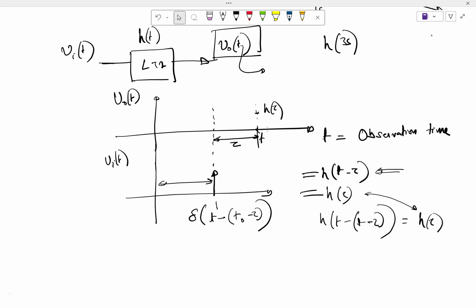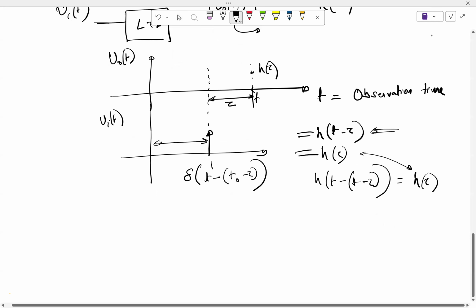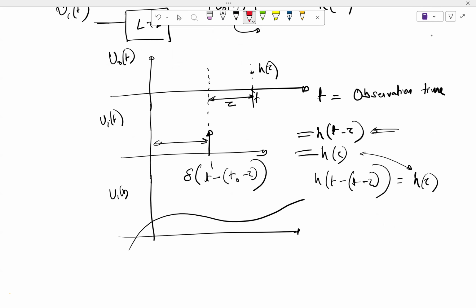Okay, so now if I have to develop the same convolution integral using this methodology, what should I do? If I have a generalized x(t), I can break this x(t) into impulses at various time instances before the observation time t. Correct? So maybe I have an impulse here, and I'm interested again at time t.